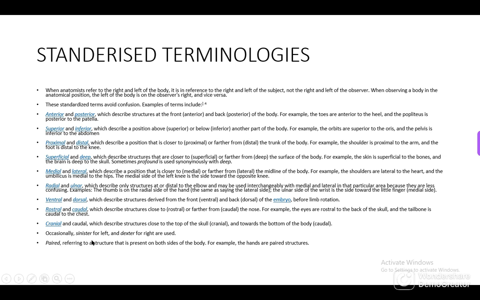Occasionally sinister is used for the left side and dexter for the right side; these are Latin terminologies. And there are paired organs in the body: adrenal glands, kidneys are paired structures; lungs too; liver and heart are non-paired. These are the terminologies you should know.